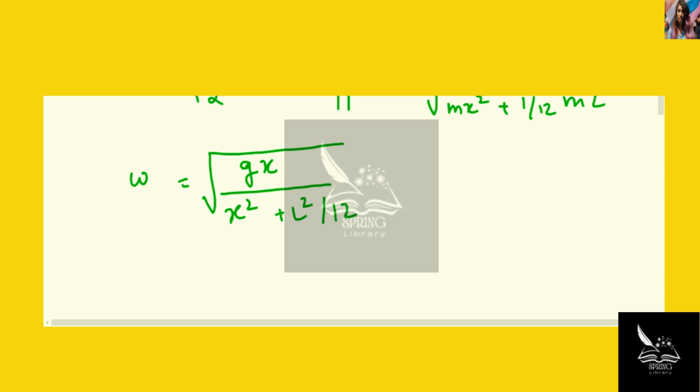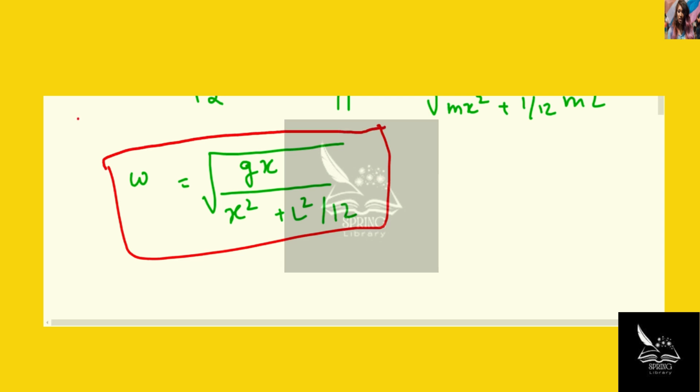Therefore, we can write omega to be root of gx upon x square plus L square by 12. This is what we require. This is the A part.